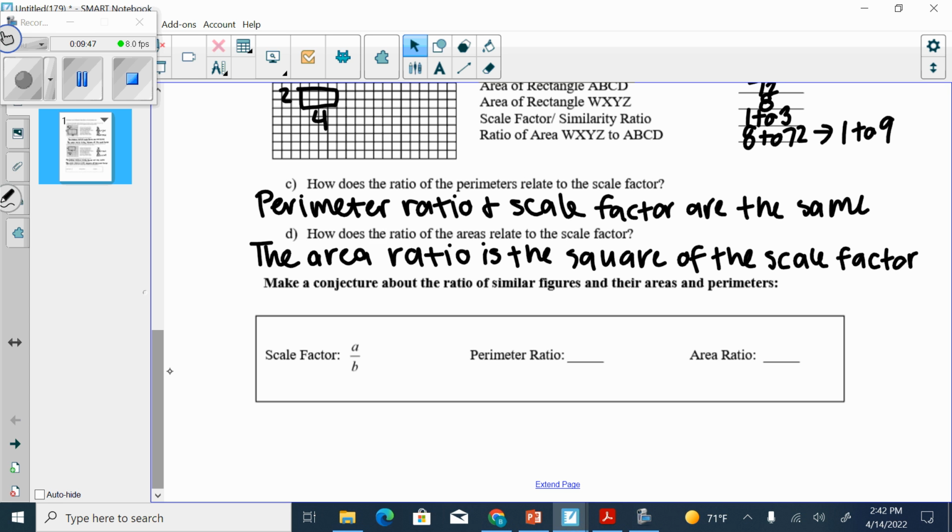They want us to make a conjecture about what we figured out here. So they're saying if your scale factor is any ratio of A over B, those could be any numbers, okay, then your perimeter ratio would also be what? A over B. Very good. This could also be written as A to B. Okay, and then that would make our area ratio what?